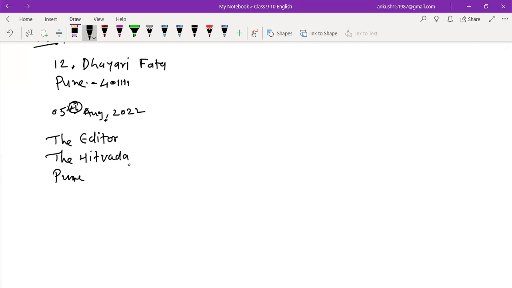Isn't it? Because suppose I am living in Pune and I am writing to the editor of a newspaper who is sitting in Mumbai, that would go wrong. Understood? So we will use Pune's. It should be in the same state or the same city.